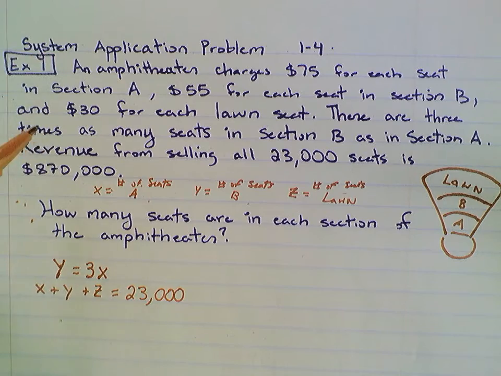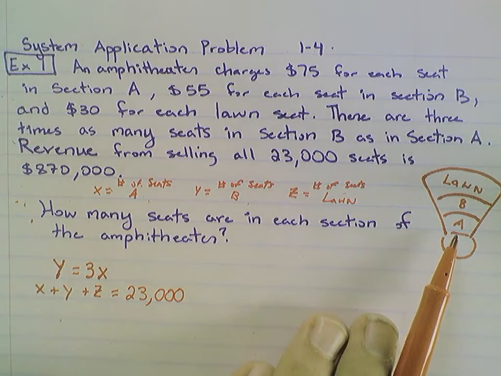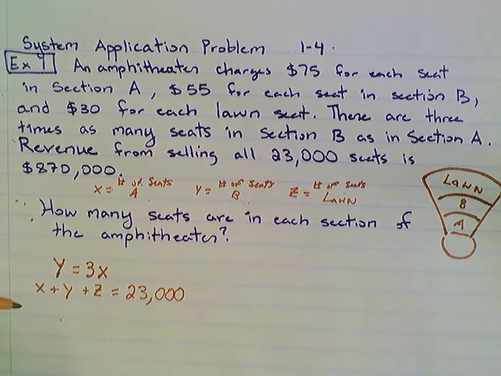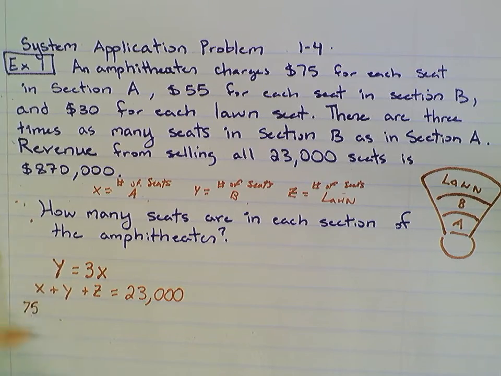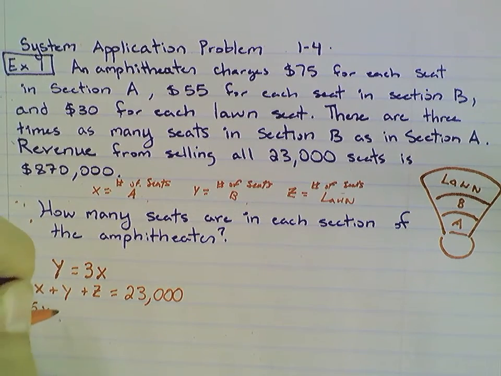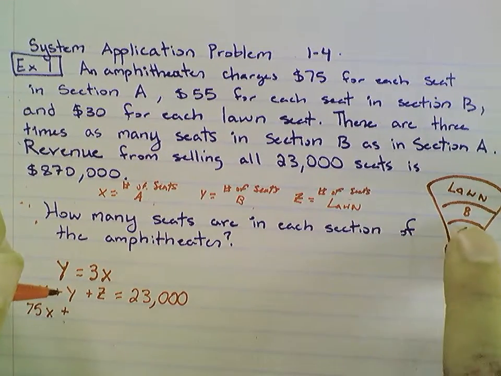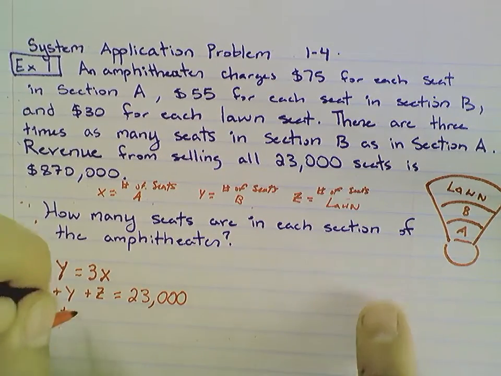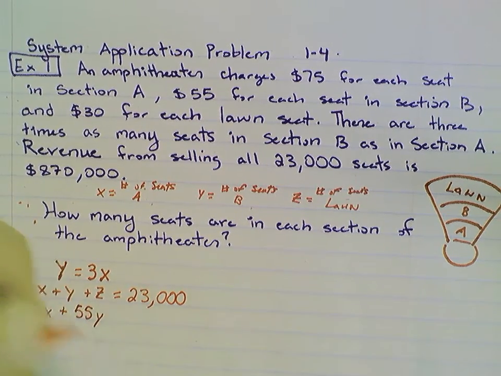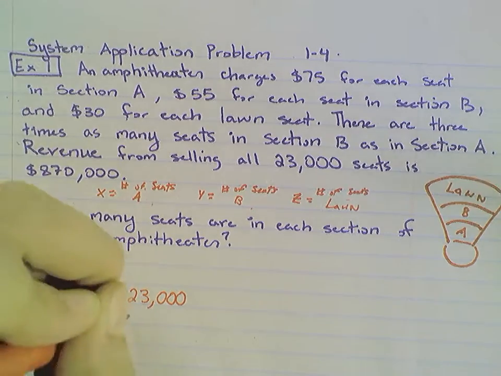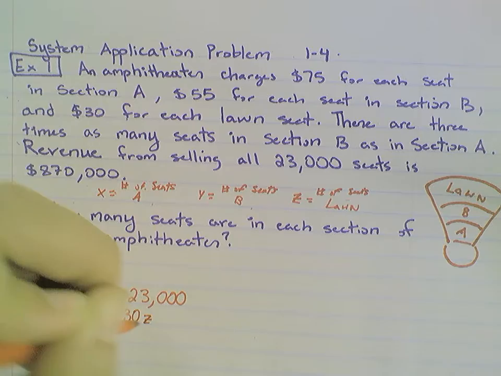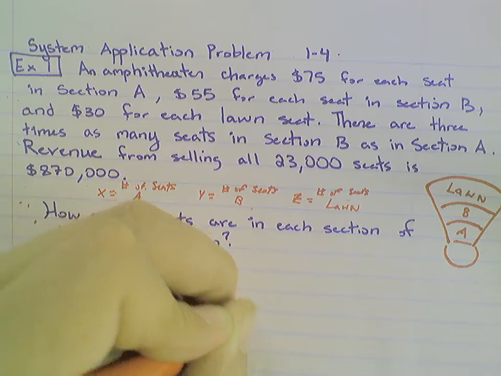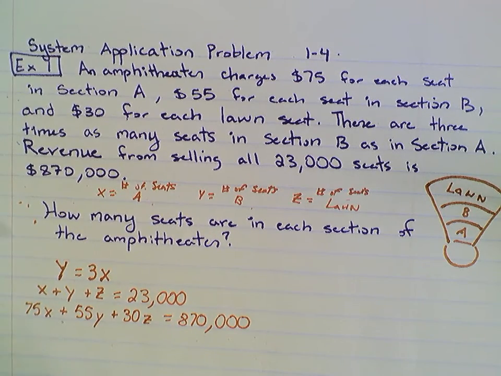Well, section A is $75 for each seat, so the money I would make in section A is 75 times X. The money from section B is $55 for every seat, so it's 55Y. And then for the lawn, it's $30 for every Z, and that has to equal $870,000.